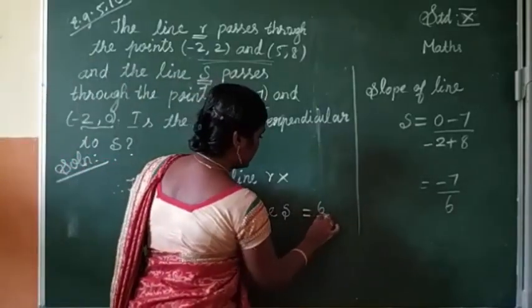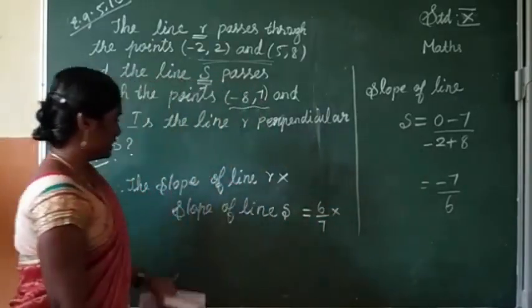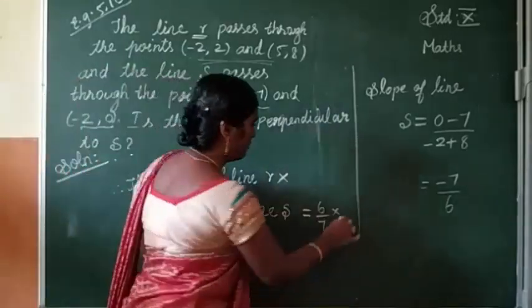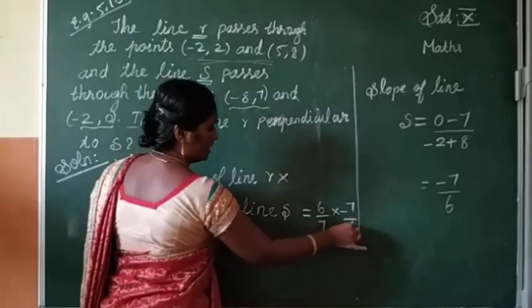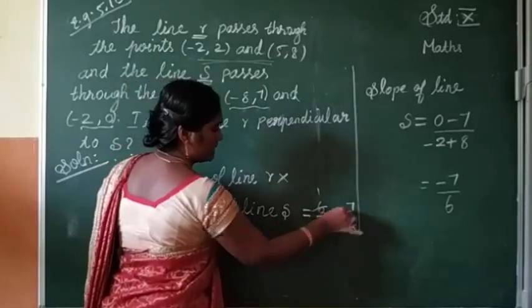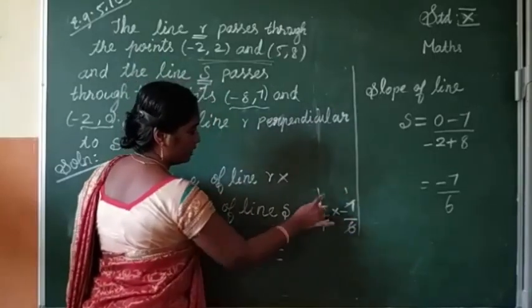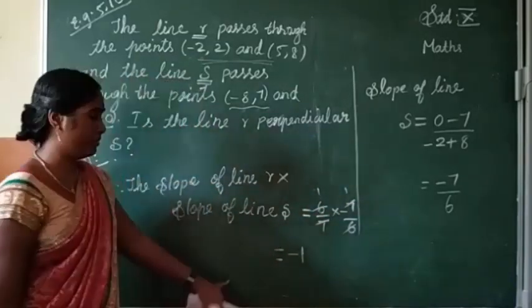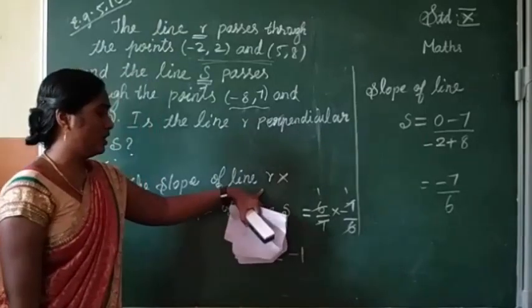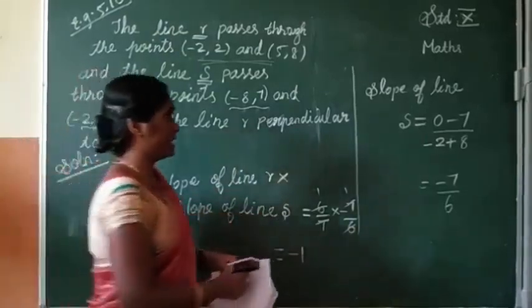It is 6 by 7, into, what is the slope of line S? Minus 7 by 6. Shall we cancel the 6 and 6? 1 6 is 6, 1 7 is 7. See, 1 1 is 1. Plus into minus is minus 1. So here we got the value minus 1. So the line R is perpendicular to line S.